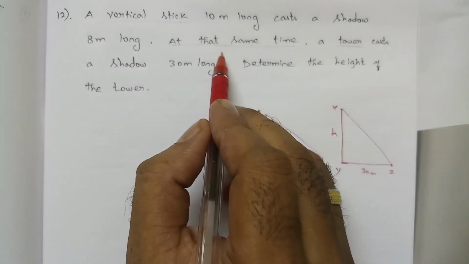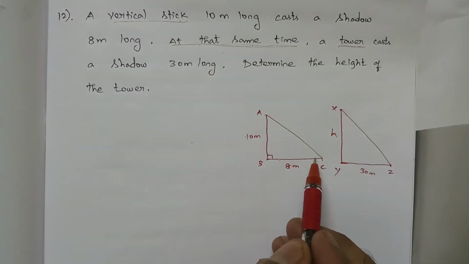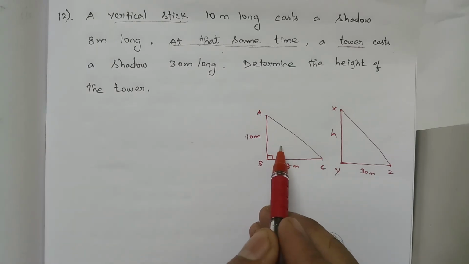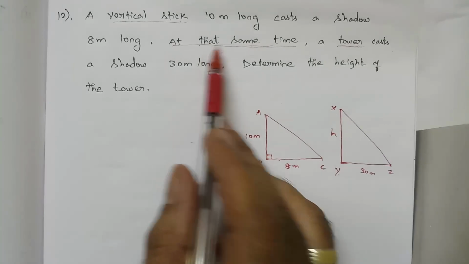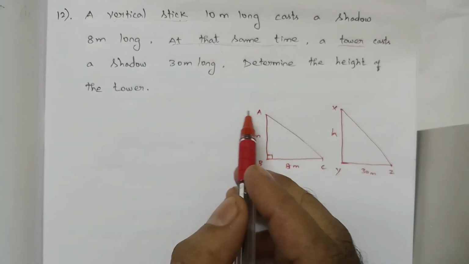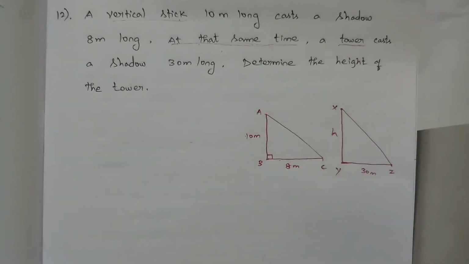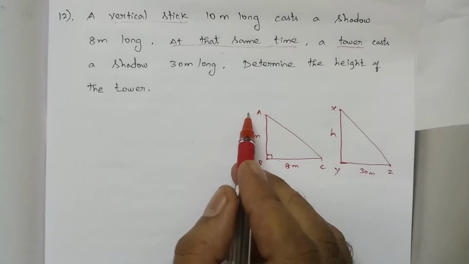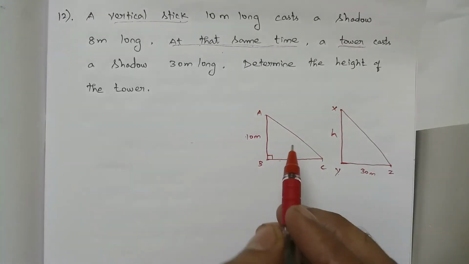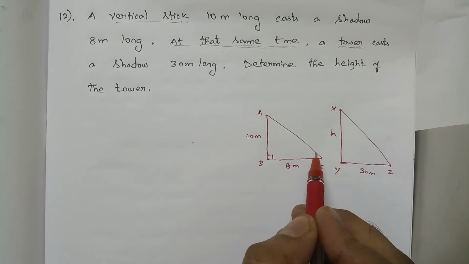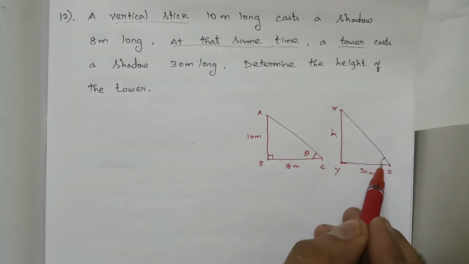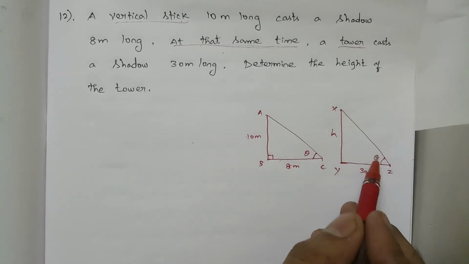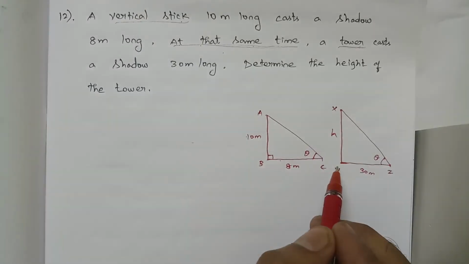The angle of elevation for this triangle is the same angle of elevation for the second triangle also, because at the same time means the sun's elevation is the same for both. So with the help of the first triangle I'm going to find theta, and use this theta for the second triangle. Now we know theta and one side of the triangle, and from that we are going to find the height of the tower.